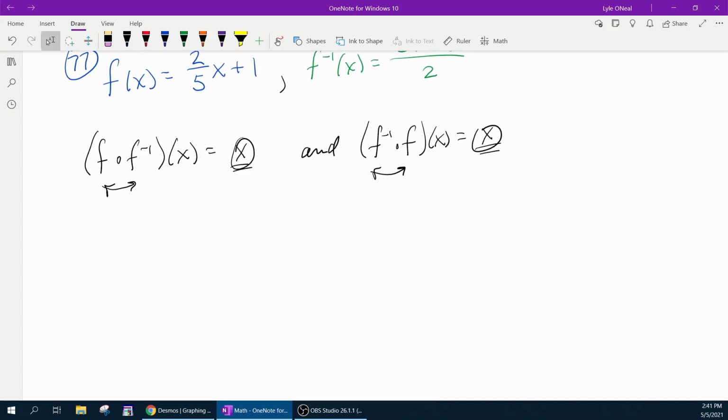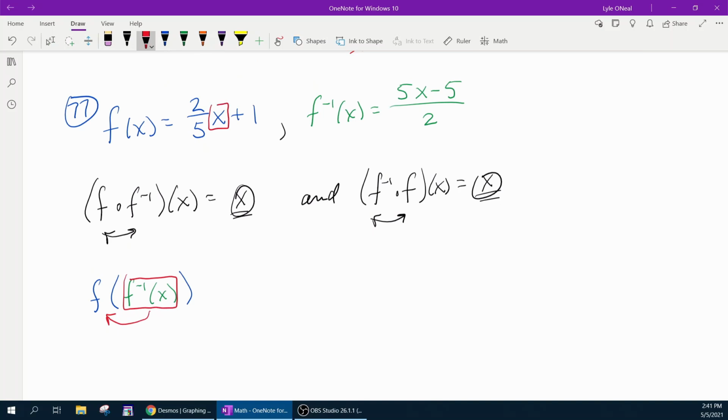First, to find f of f inverse, that's going to be f of f inverse of x. And what that says to do, it says we need to take the inverse function and plug it into the original in place of every x. Okay, so here's a visual of what's about to happen.